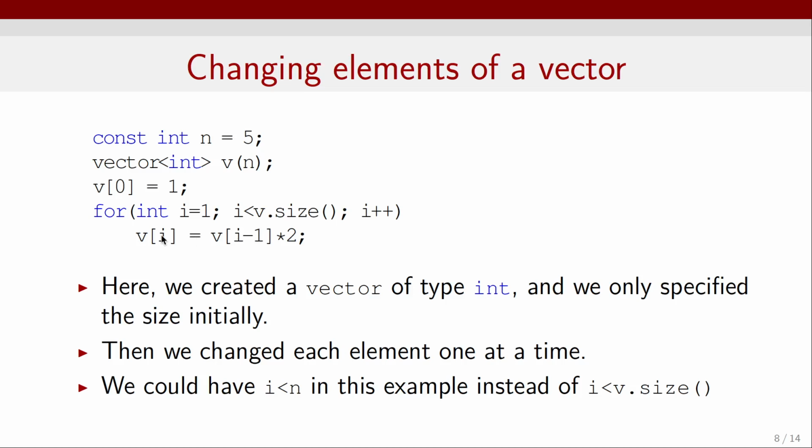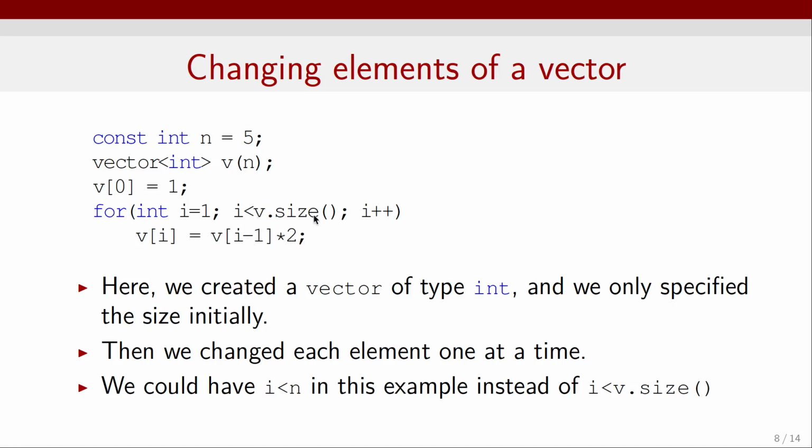So this equation relates v of I to the previous element v of I minus 1. And in this case, it will double each element. So the first element is 1, the second element will be 2, the next element would be 4, then 8, and so on. So each element is twice the previous element.